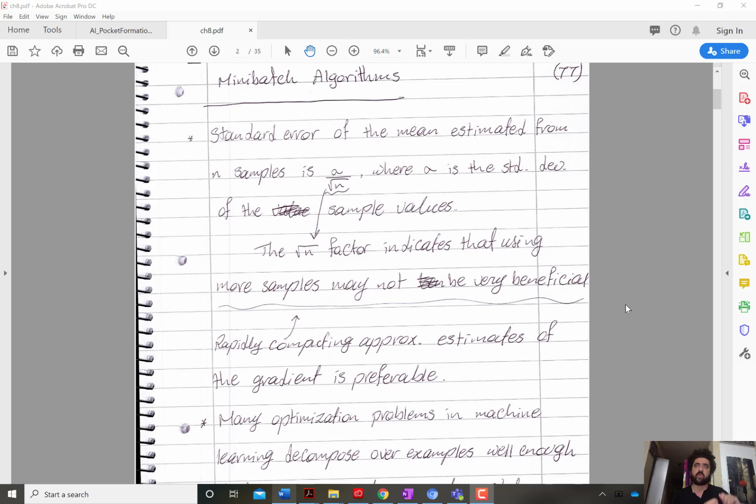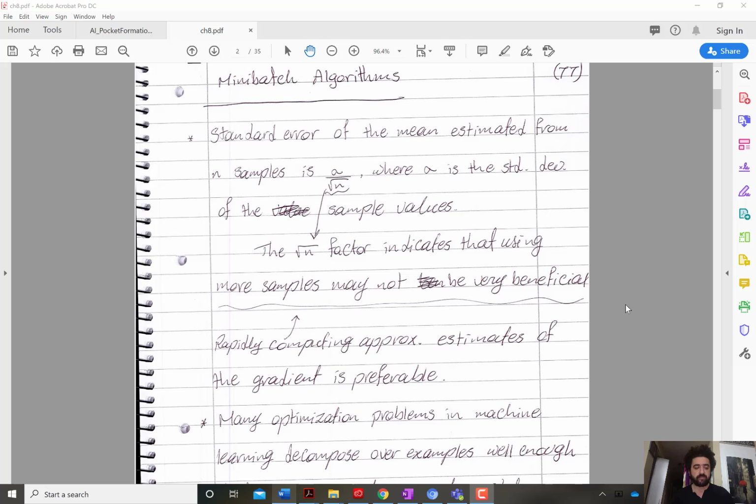The square root doesn't grow by much between 100 and 1,000. So that's one reason why reducing the set of training examples over which you compute one parameter update can be very beneficial computationally, at a cost in terms of the error of the estimation that's not very significant. So that's the first reason.